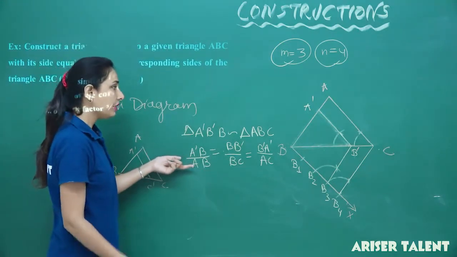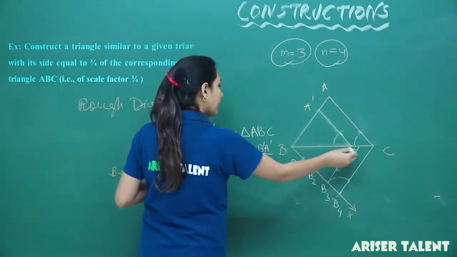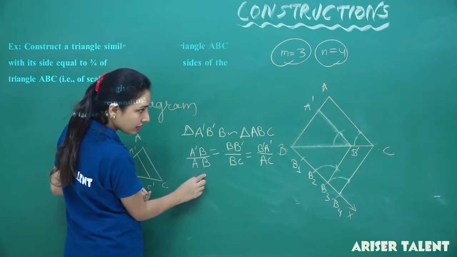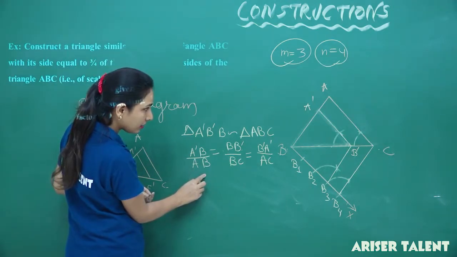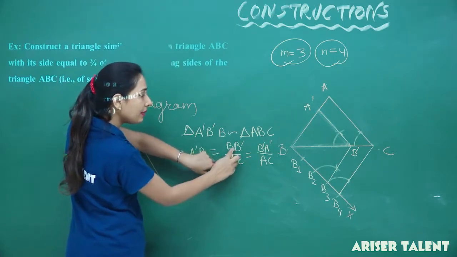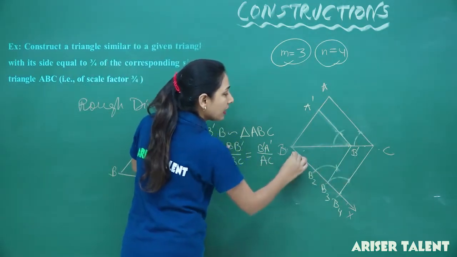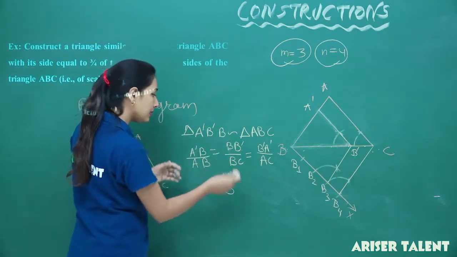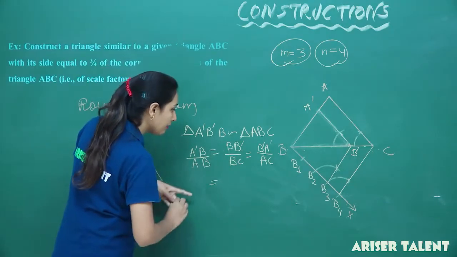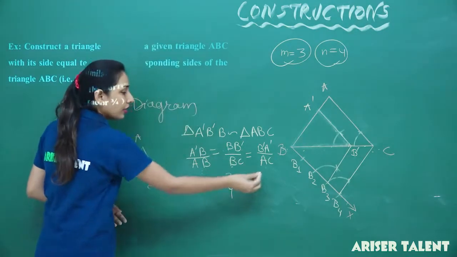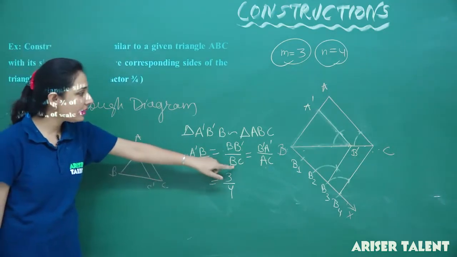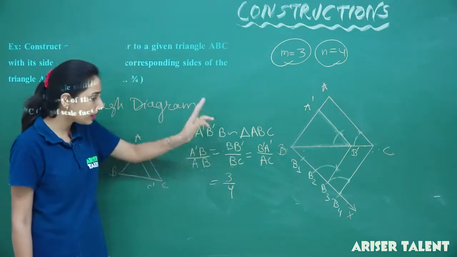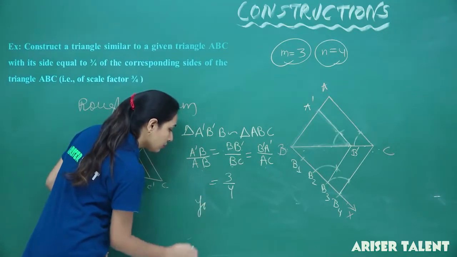And the ratio will be BB dash and B dash C. This BC and BB dash is 4 and 3. So that will be 4 by, that is BC, okay, I will be having it in reverse order. That will be 3 by 4. So I am having this ratio for ABC and A dash B dash B. For ABC and A dash B dash B, this will be reverse.